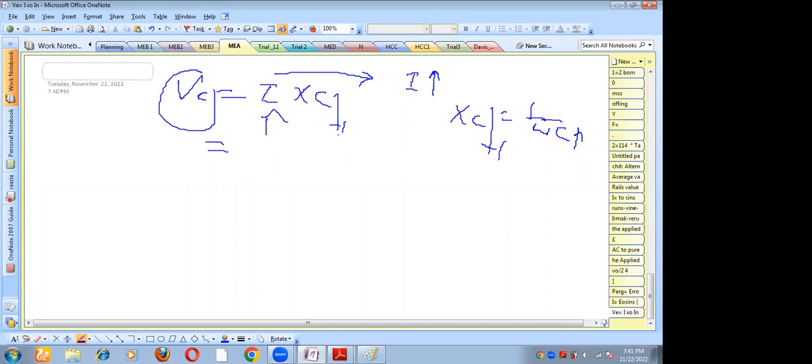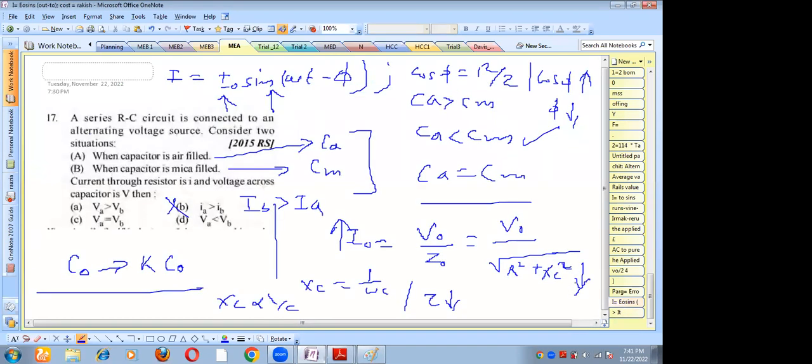And we have seen that current is increasing, right? So when current increases, but XC is also decreasing.